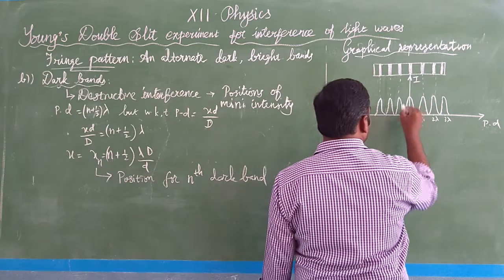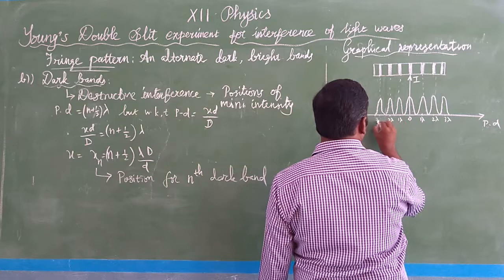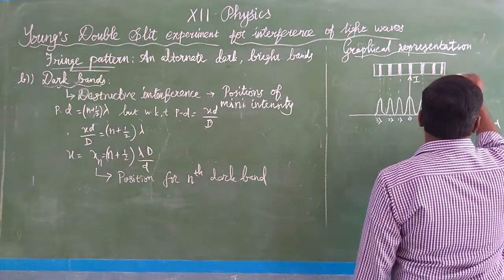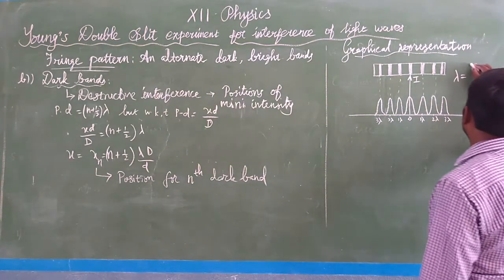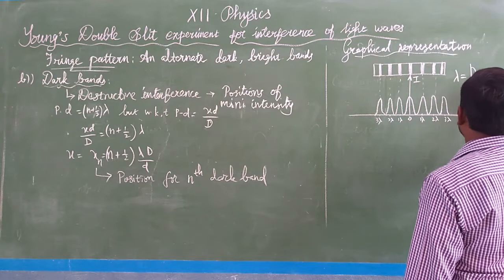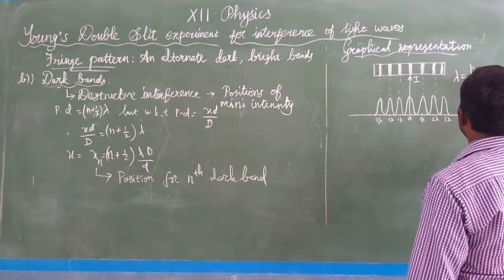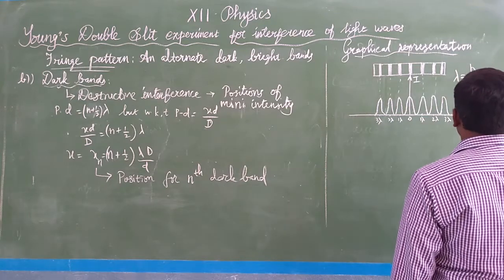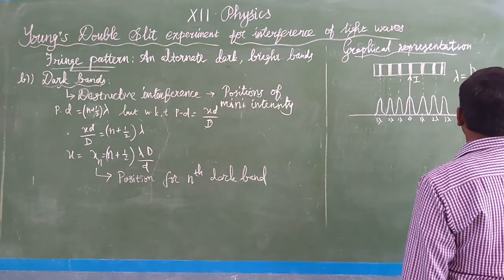And on the left hand side, this is 1 lambda, 2 lambda, and 3 lambda. What does lambda mean? It is the wavelength. The wave emanated here, ended here, and then comes back here. This is one complete wave.